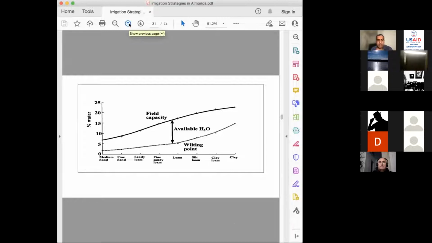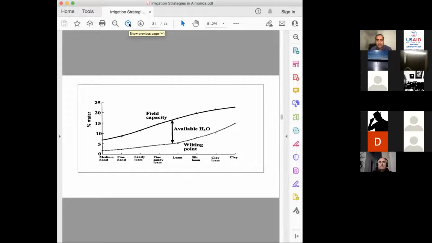Think of your soil like a sponge. When you fill the sponge with water, a lot of water actually goes down with the gravity and goes out of the sponge. Whatever water remains in the sponge after all the water has been drained through gravity, that is what we call field capacity. Same is true for the soil.